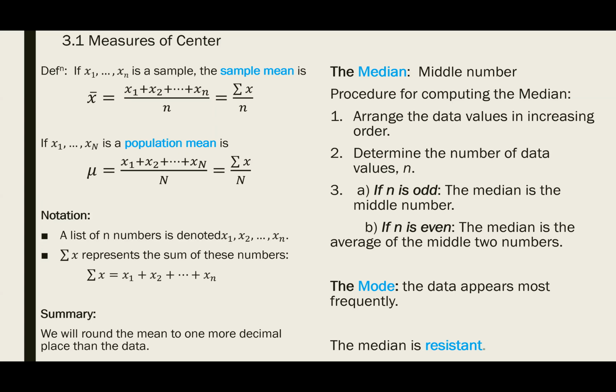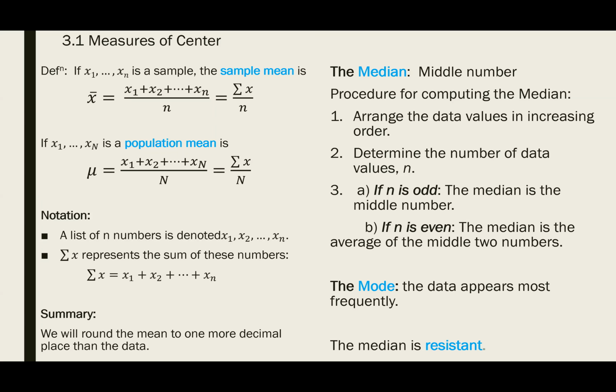So your outlier will not affect the position. Your mean is not resistant because the outlier will affect it a lot. We will mention more when we get to outliers in 3.3. But for now, just know that the median is resistant, okay?